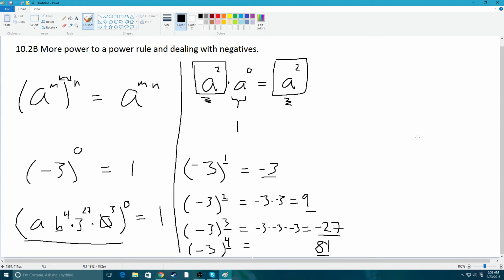So what you got here, if you notice, 1 is odd, you get a negative. 2 is even, you get a positive. 3 is odd, you get a negative. 4 is even, you get a positive.